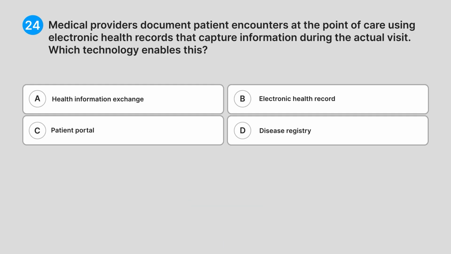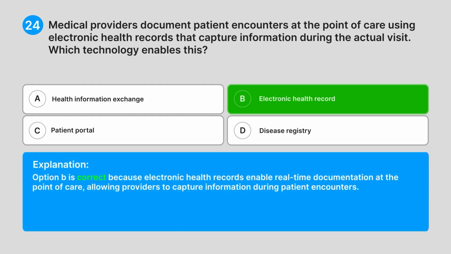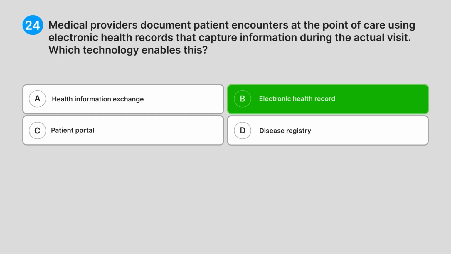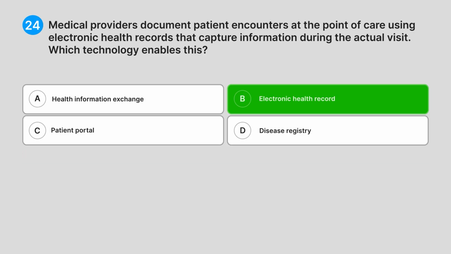Correct answer, B. Electronic Health Record. Explanation. Option B is correct because electronic health records enable real-time documentation at the point of care, allowing providers to capture information during patient encounters. Option A is incorrect because health information exchanges share data between organizations, not capture documentation during individual patient visits directly.